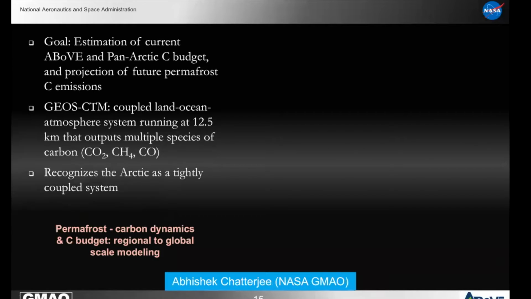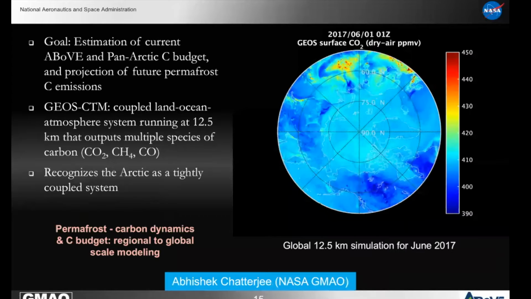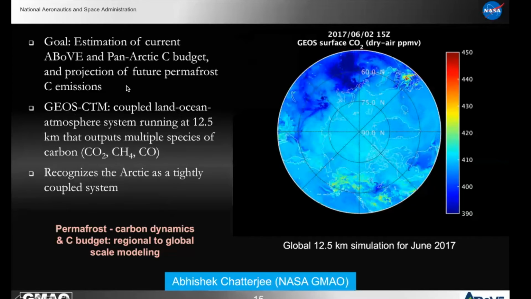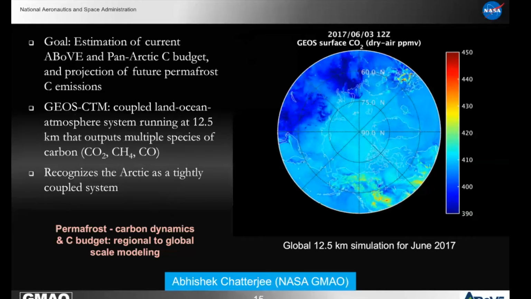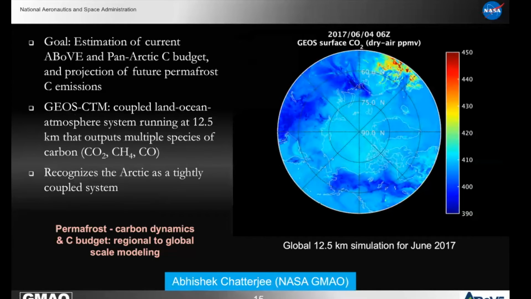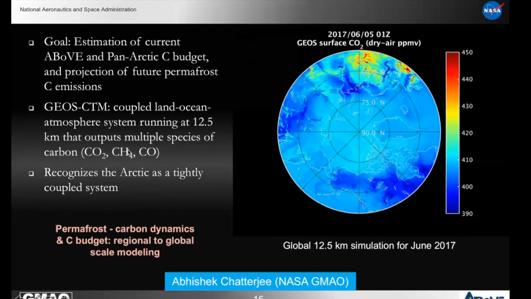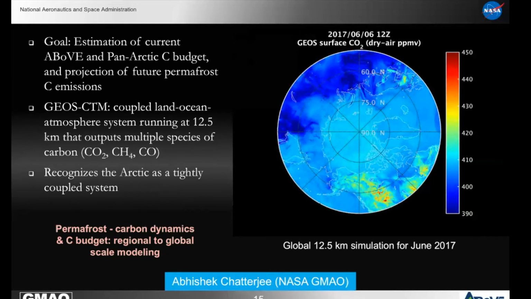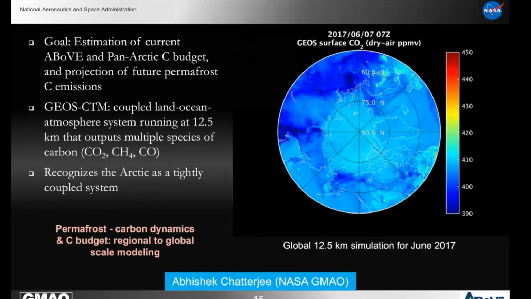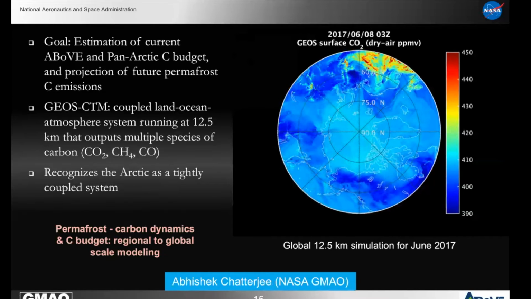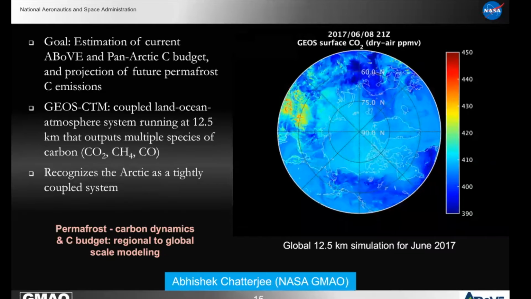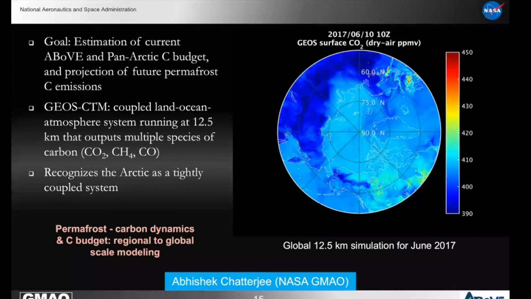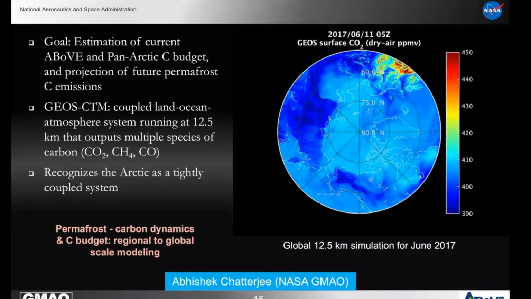And then this is the project that I am leading at NASA Goddard, where our interest is not just looking at the ABoVE domain, but scaling it up and looking at the entire Pan-Arctic carbon budget. The primary interest is in looking at permafrost dynamics, and we have a state-of-the-art model that we are using to drive the land fluxes. But we are doing it inside the entire GEOS-5 framework, which is a coupled land, ocean, atmosphere system that is running at 12.5 kilometers globally. This is just one simulation showing atmospheric CO2 concentrations near the surface for June of this year, actually.